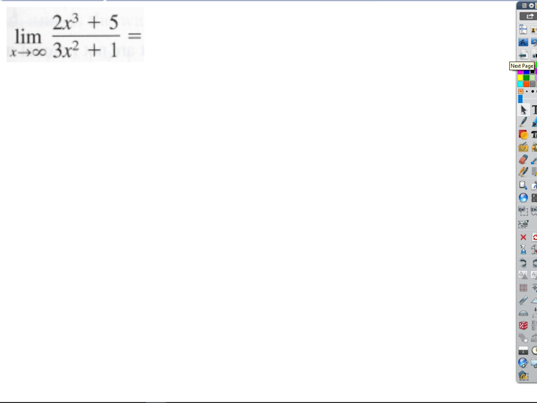Okay, let's look at this one. Same kind of thing. What's the algebra going to look like this time? Factor out x cubed.